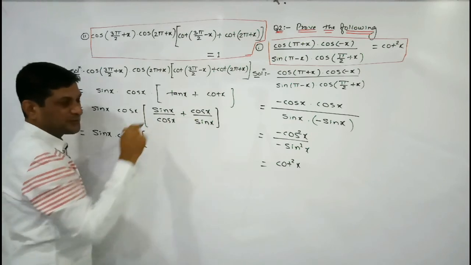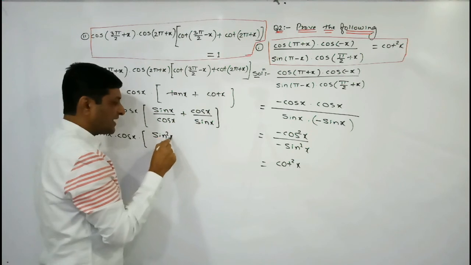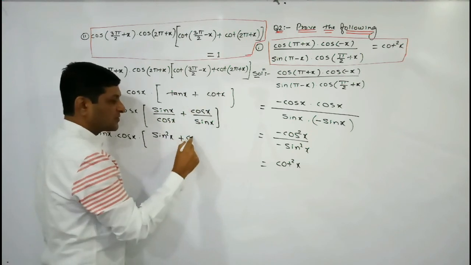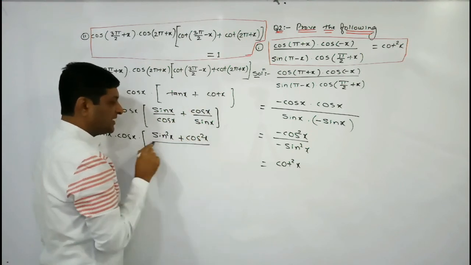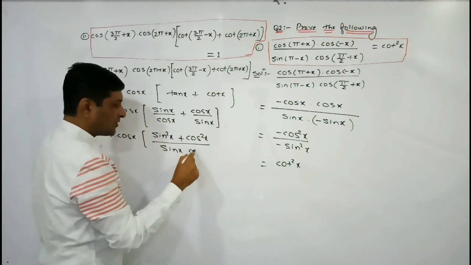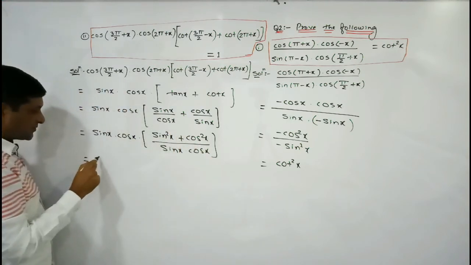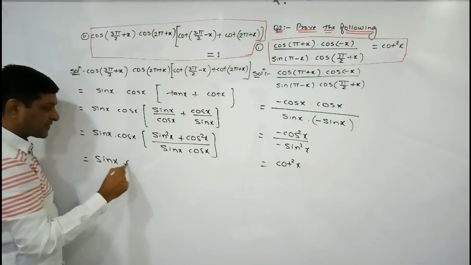So here take the cross multiplication. Sin x into sin x will be equal to sin square x, plus cos x into cos x will be equal to cos square x, and in the denominator cos x into sin x will be equal to sin x cos x. Now according to the identity, sin square x plus cos square x can be replaced by 1.